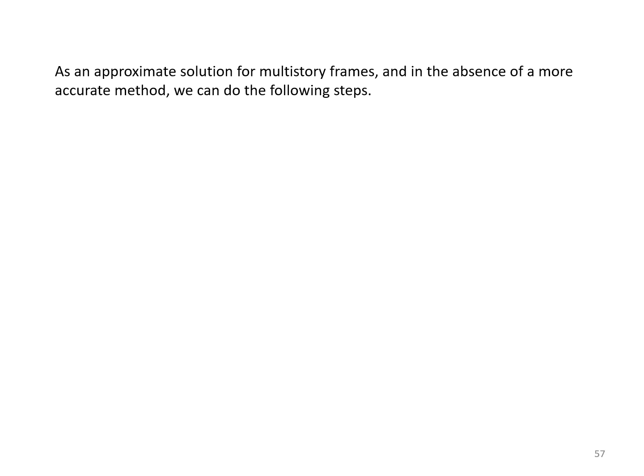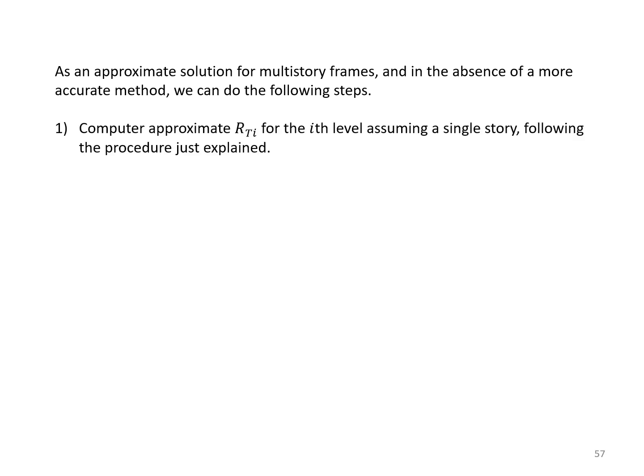As an approximate solution, now we have multi-story frames. What do we do? Very similar procedures as the case of a brace frame. First, we compute an approximate RTi for the ith level, assuming a single story, following the procedure we just explained.